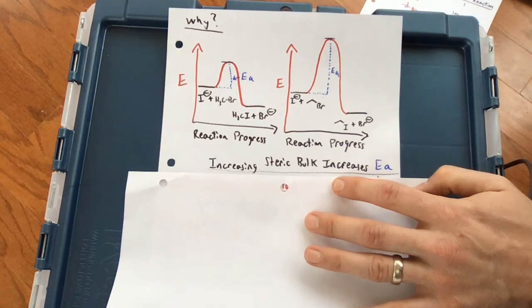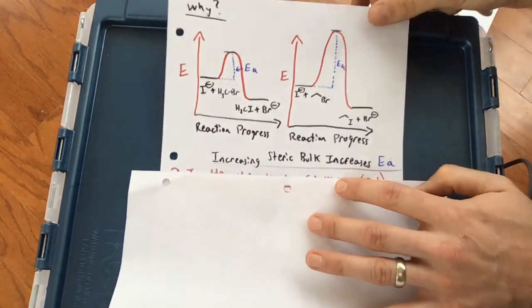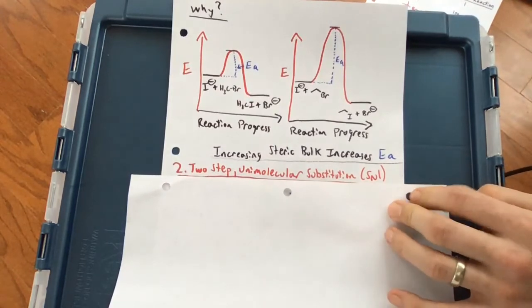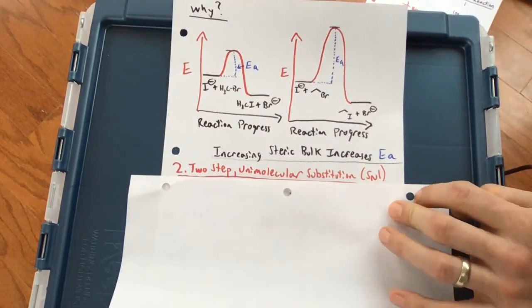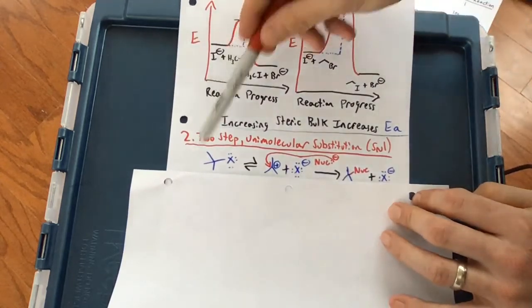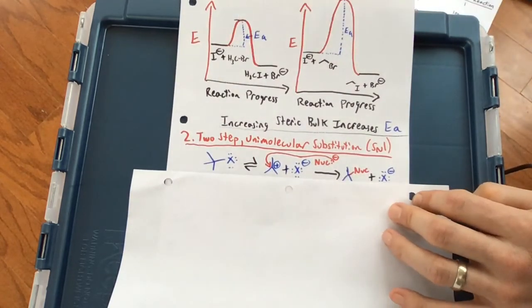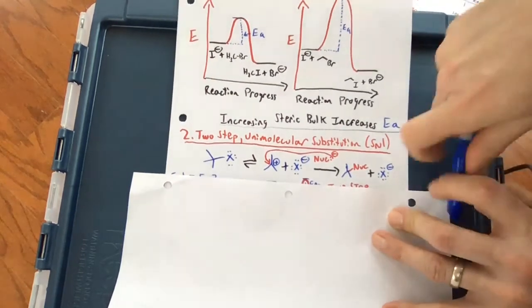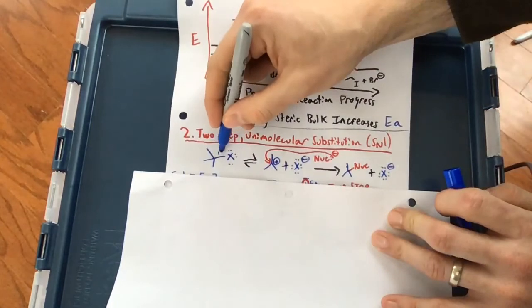Now, before we stop at 7.3, remember, there's another type of substitution reaction we haven't covered yet, and that is the two-step unimolecular substitution reaction, also called the SN1 reaction. In this reaction, you have some alkyl halide, and instead of nucleophilic attack, what happens is that the halide group leaves.